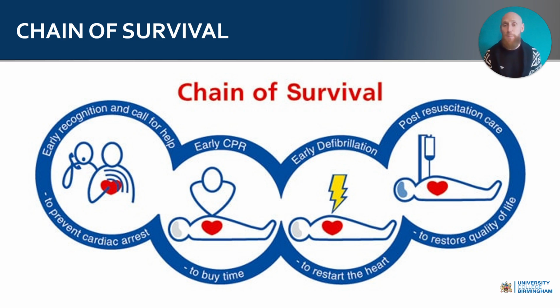So that early CPR helps to buy you time. It's very rare that just doing CPR alone with the chest compressions and the rescue breaths will bring them back to life again. It's going to be that early defibrillation. So getting that defib as soon as you possibly can and getting that administered is really, really important.